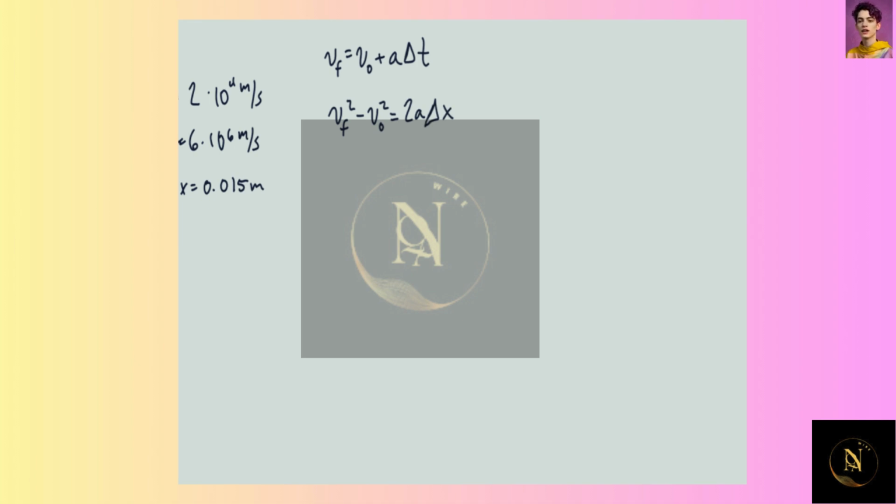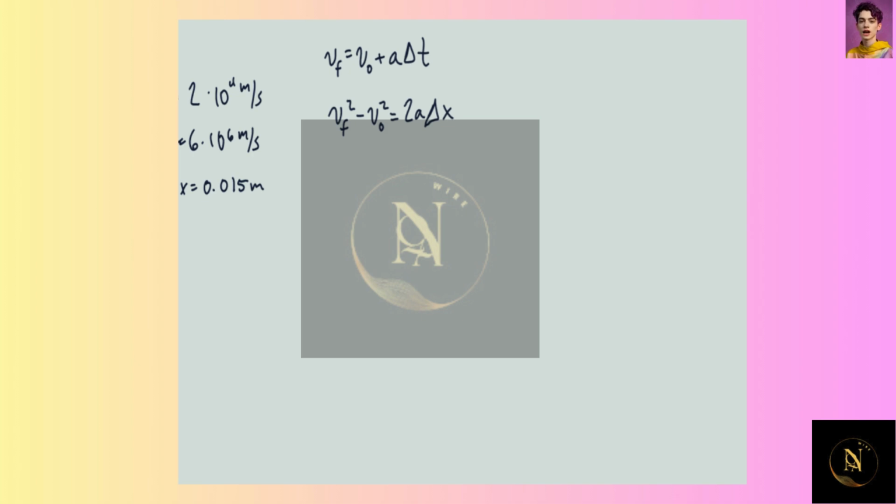And we could also use delta x equals V initial times time plus 1/2 acceleration times time squared. Let's try to stick to these two for now, because we know V0 and Vf.